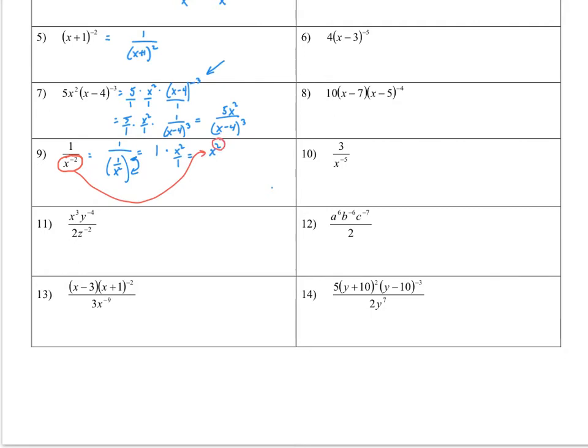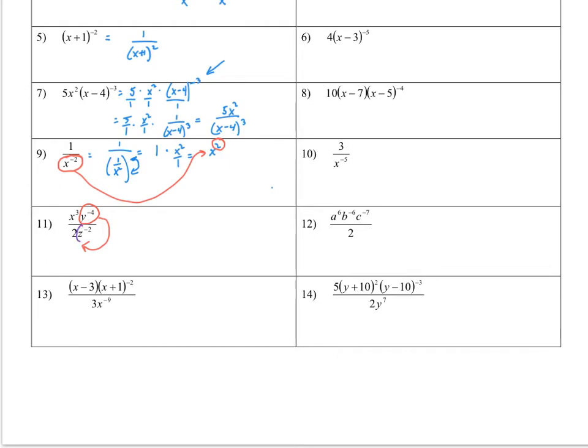In number 11, we're rewriting x cubed times y to the negative fourth divided by the quantity 2z to the negative 2. Since y is to the negative fourth, we'll move that into the denominator and make the exponent positive.